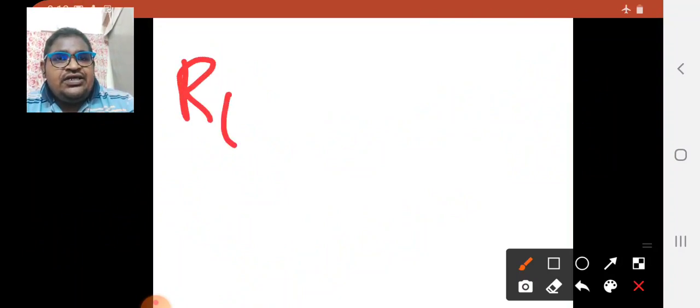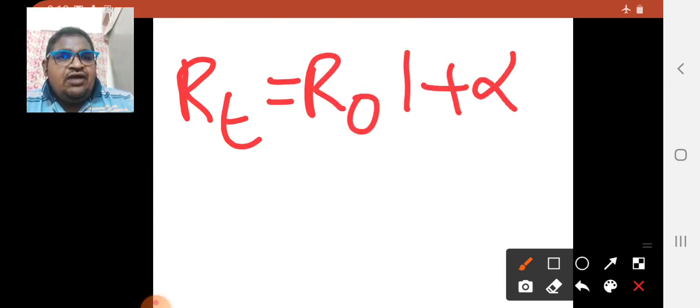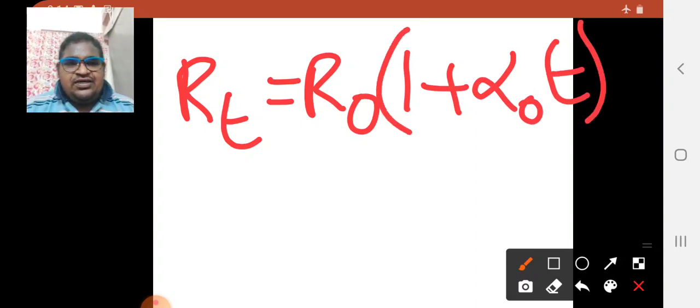Which formula can we use? We can use R_T equal to R naught into 1 plus alpha naught into T. Now substitute the values and find R_T.